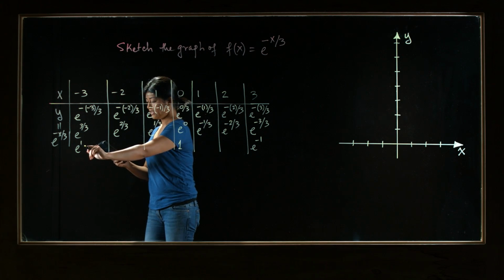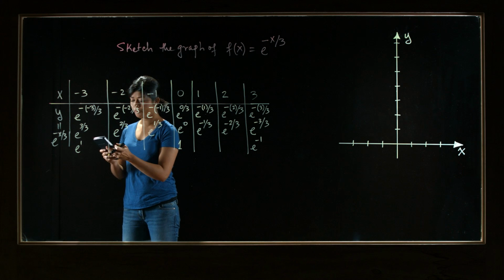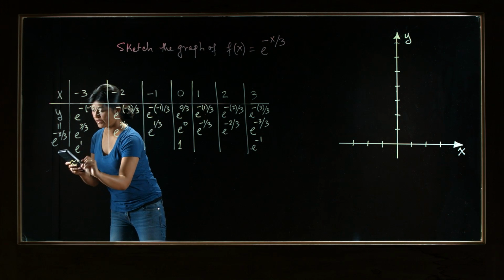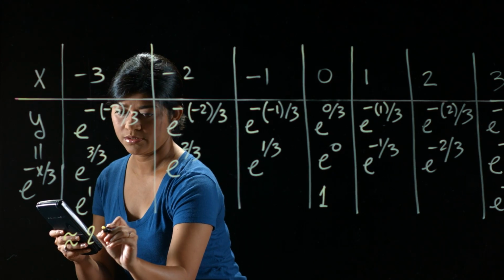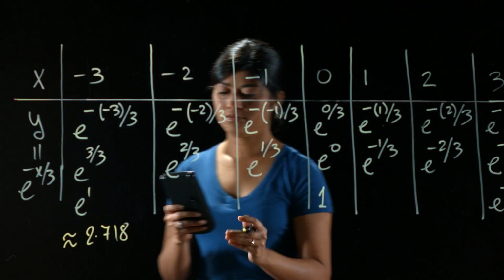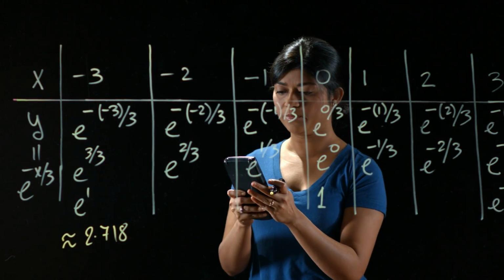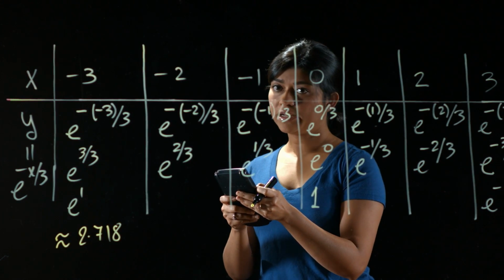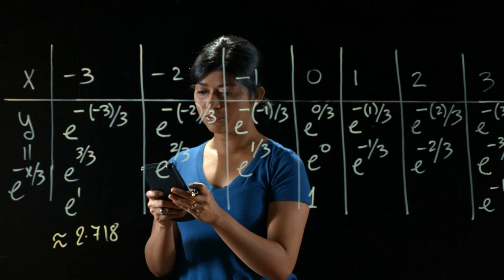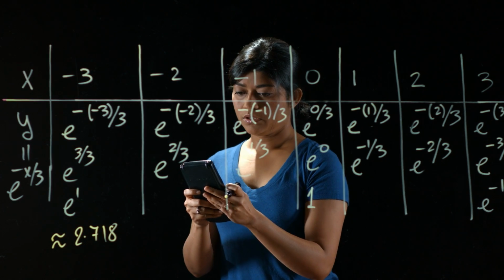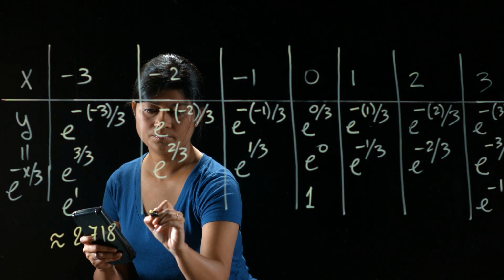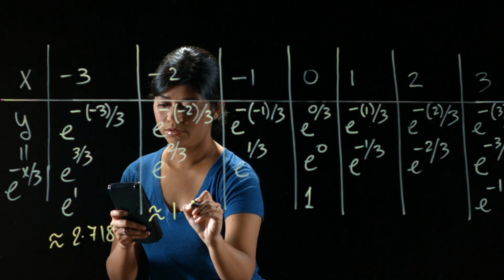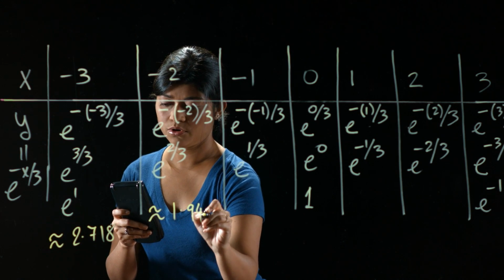So, pick any calculator that you have and let's figure out. So, the first one is e to the power 1 or e, and the value is, let's say 2.718. Let's just do it up to 3 decimal places. It'll be easier to graph. Okay, the next one is e to the 2/3, and that is 1.948.